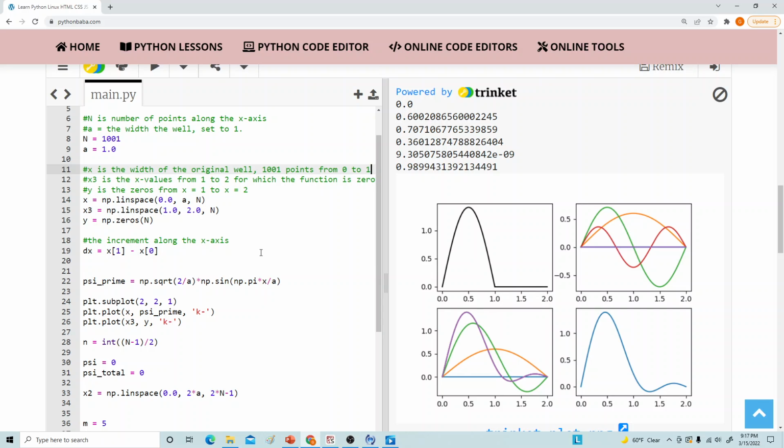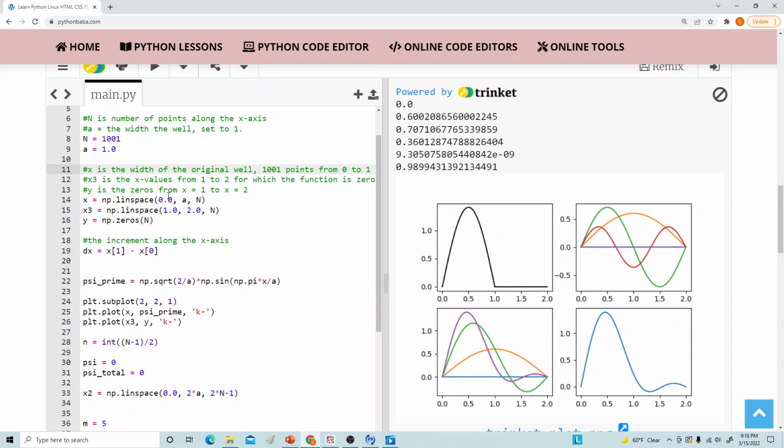The first number, 0.0, has the index of 0. And then the next number, 0.001, would have an index of 1, and so on.